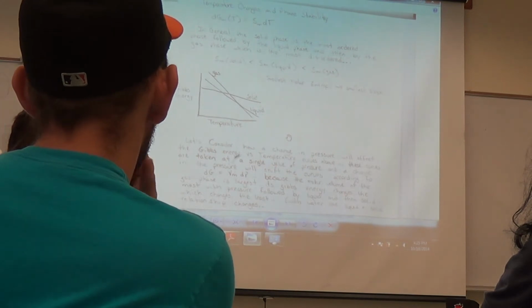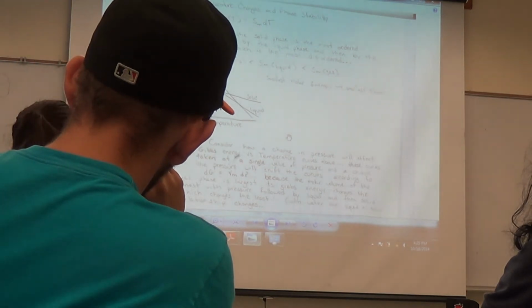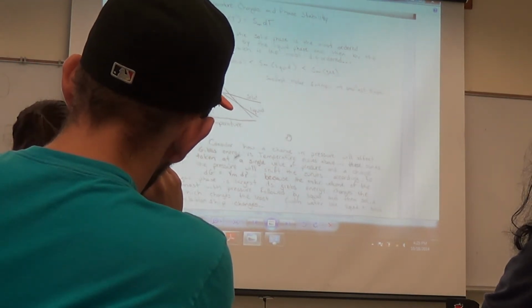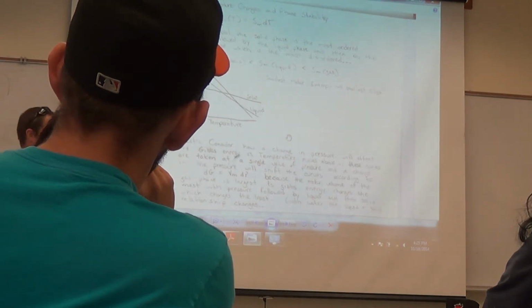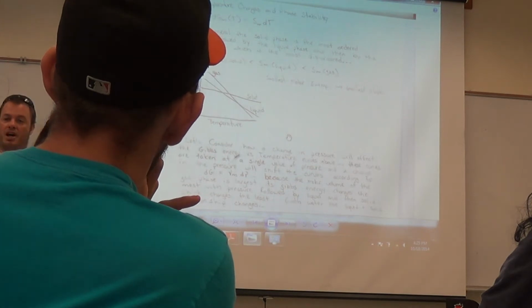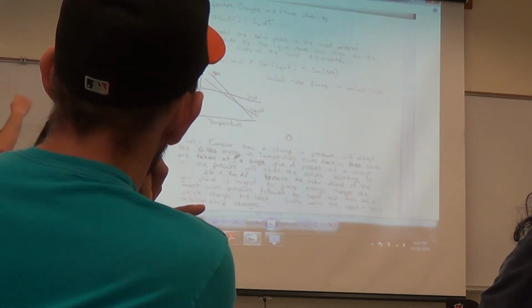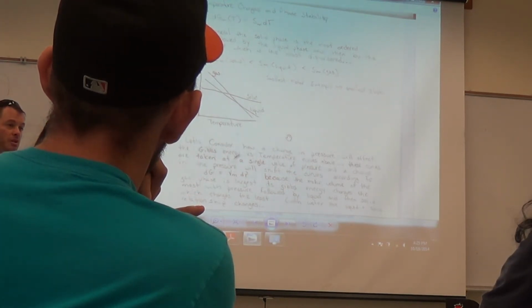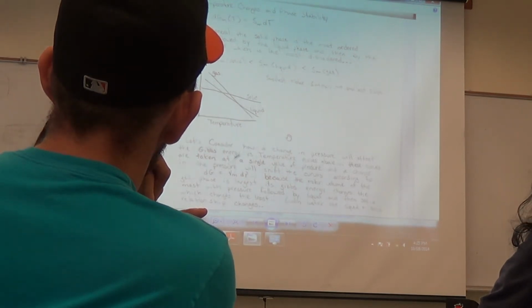So, looking at those, which phase is going to be favored at high temperature? Gas. Right. So the phase with the most disorder and the highest entropy ends up lowering its Gibbs free energy the most when temperature is changed, and so it becomes the most stable phase at high temperature.